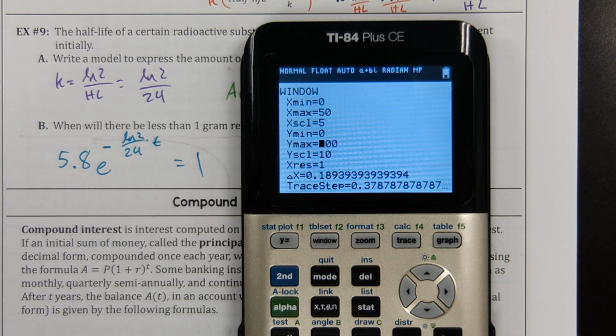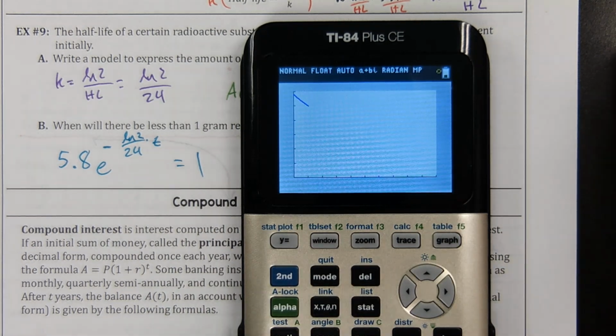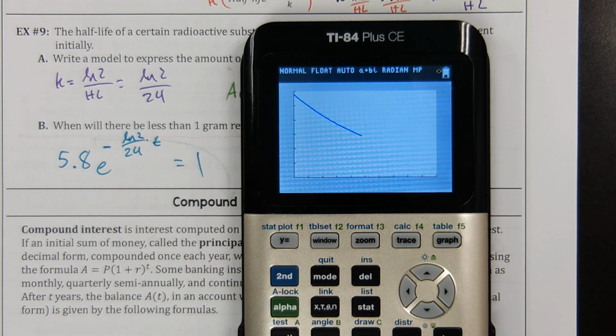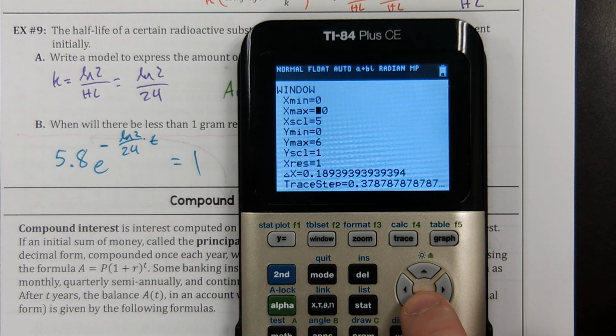I'm going to go from 0 to 6 because my initial amount is 5.8. And hit graph. Let's see if 50 was enough. It's going to be close, but I don't know if it's going to be enough. Nope. Okay, we need a bigger window. Let's take our window to 100 then.